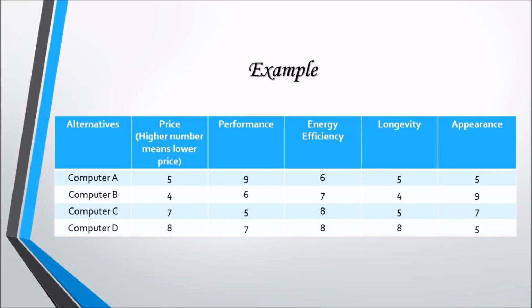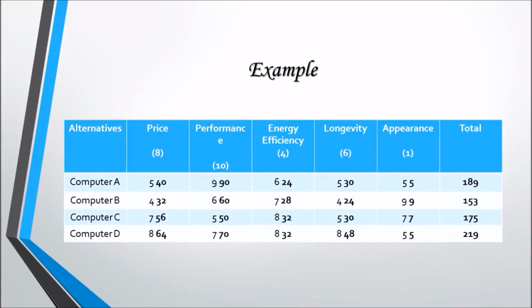They all have different performances, energy efficiency, longevity, and appearance. Then we calculate these criteria with ours and see what results we get. The end results will give us the best option for the computer which we choose.